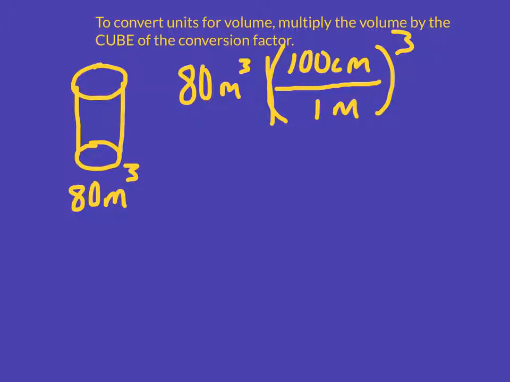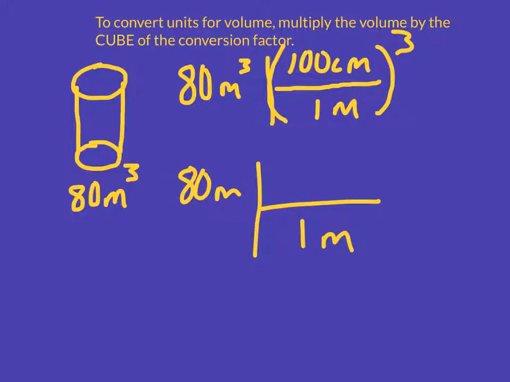The problem wants us to go from meters to centimeters, so I have 80 meters. I'm going to do my conversion. I need to cube it, so 1 times 1 times 1 on the bottom is still 1. That's a meter.